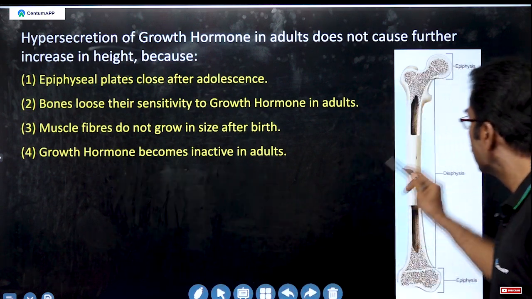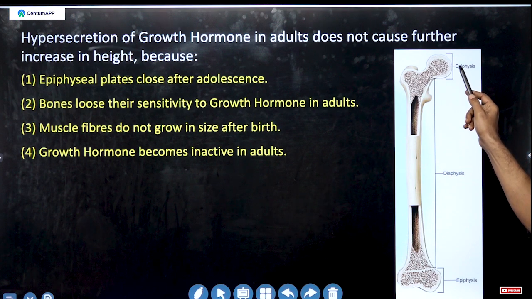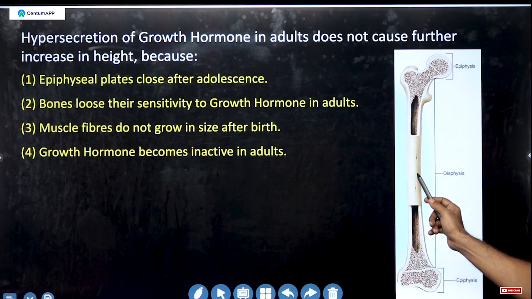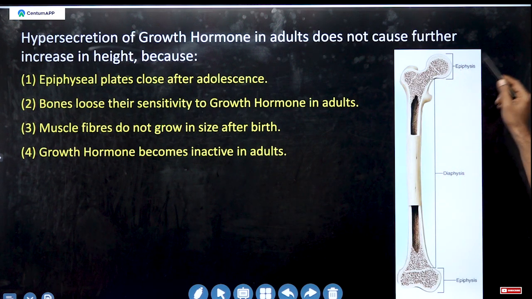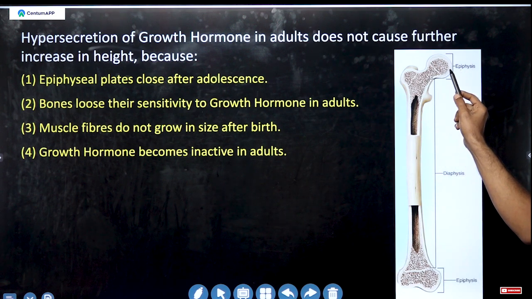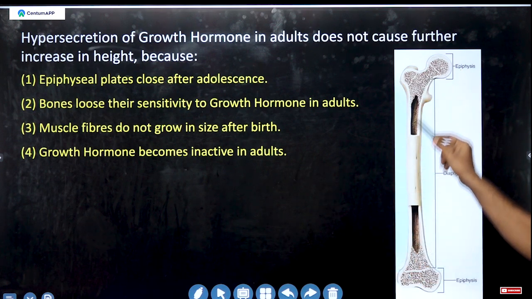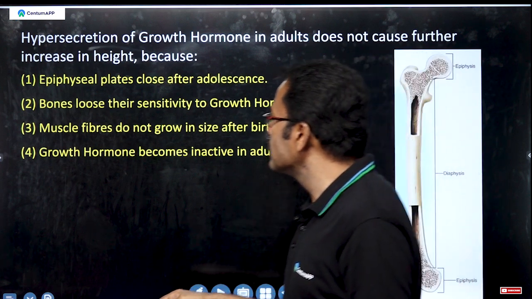In long bones there are epiphyseal regions, that is epiphysis at two ends and diaphysis at the middle, that is shaft. Then both the ends of epiphysis will show a growth and development of the bones. That means, in these areas calcium, phosphorus will be added. So, automatically growth of the bone takes place in the epiphyseal plate.